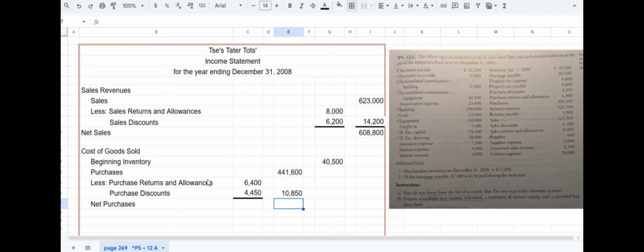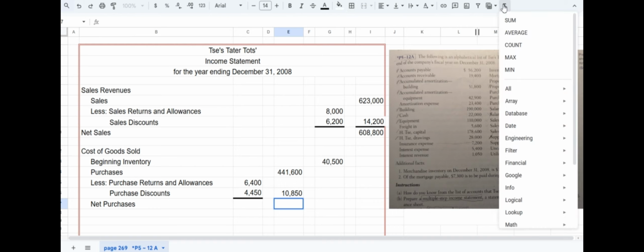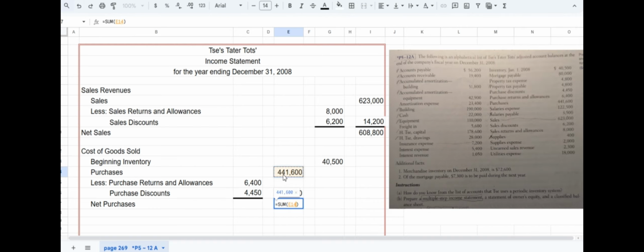So as you can see, it's kind of similar to net sales, except this time it's with net purchases. So I'm taking purchases minus purchase returns and allowances minus purchase discounts, which gives us net purchases.